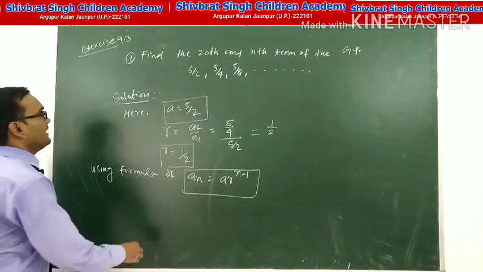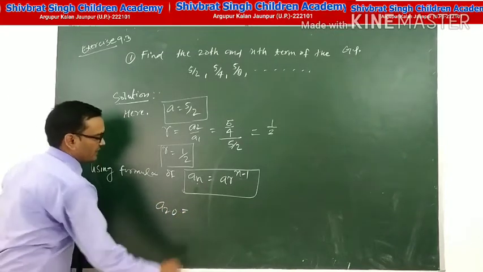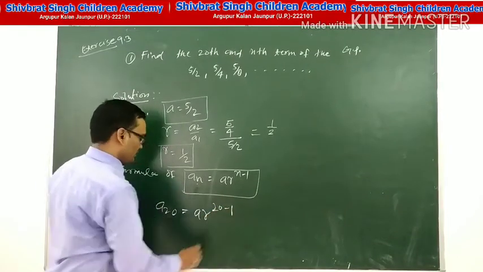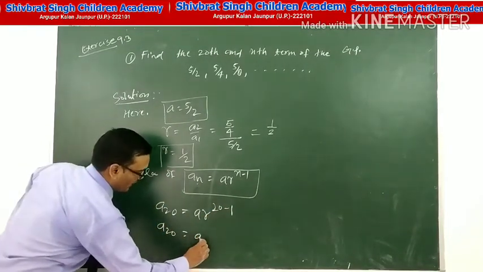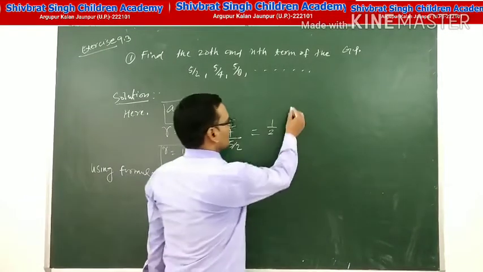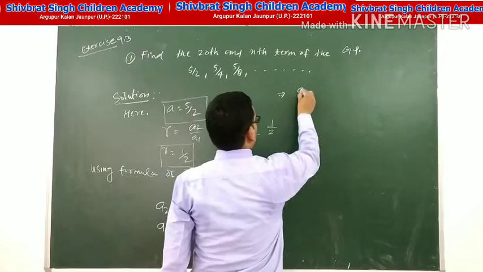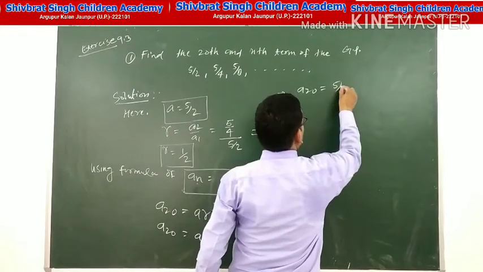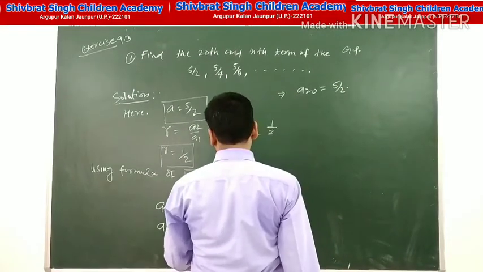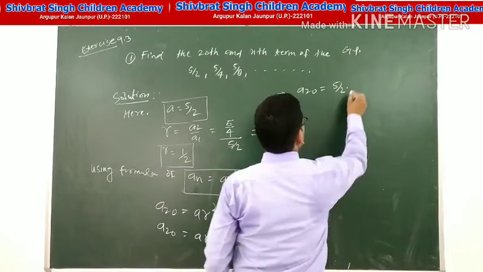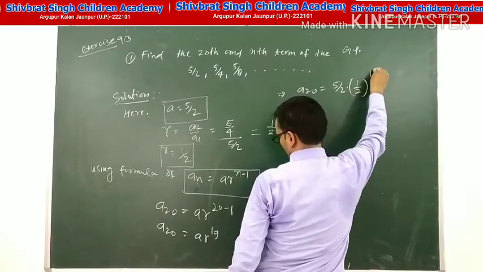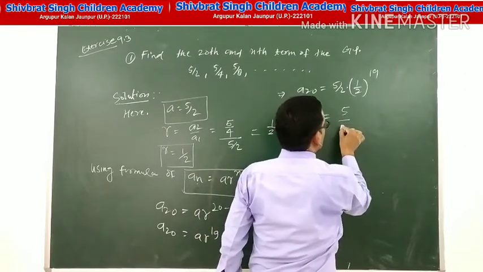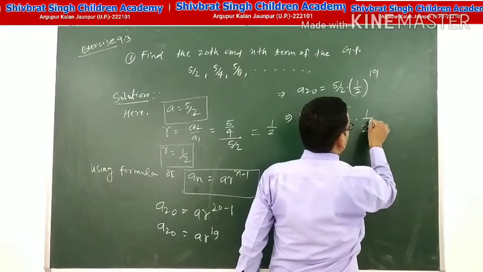That is the nth term of this GP. We find a20 equal to a r to the power 20 minus 1, that means a20 equals a r to the power 19. This implies a20 equals, with a equal to 5 by 2 and r equal to 1 by 2, 5 by 2 into 1 upon 2 to the power 19.